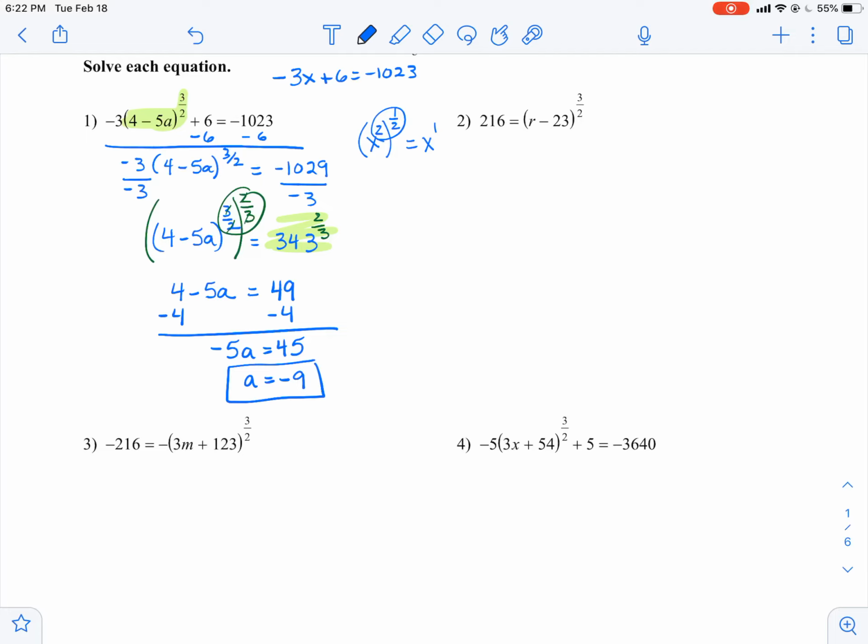Okay? Now, with rational exponents, there is typically not an extraneous root that we need to be careful with, but it never hurts to double check, because it is possible that we could be wanting to take the square root of a negative value. So since this is to the 3/2, that is meaning that I am taking the square root of the 4 minus 5 times a.